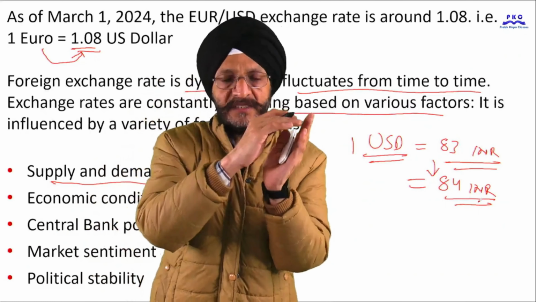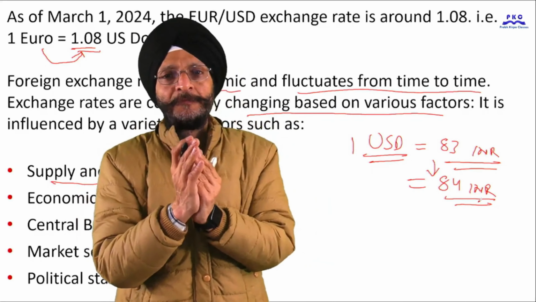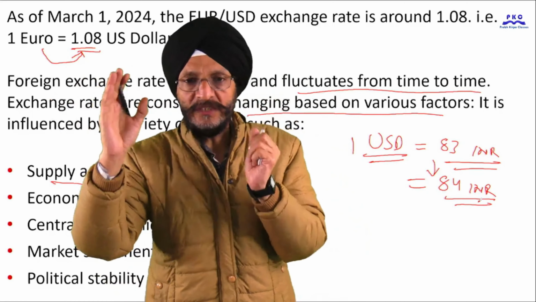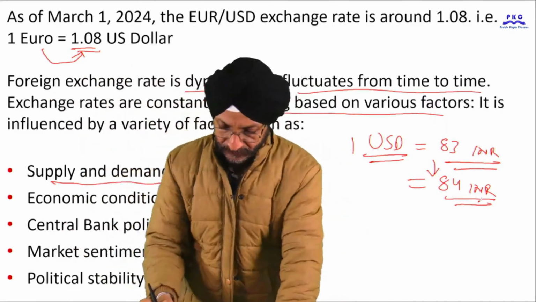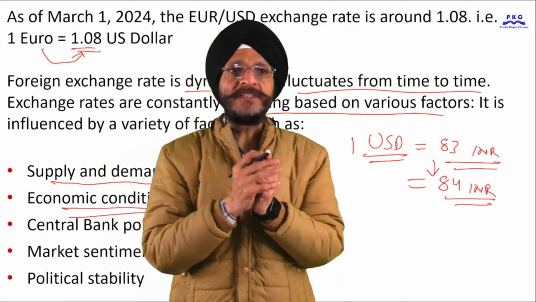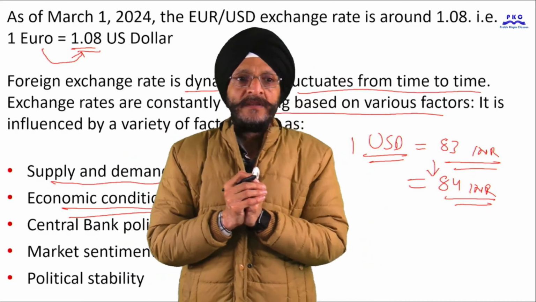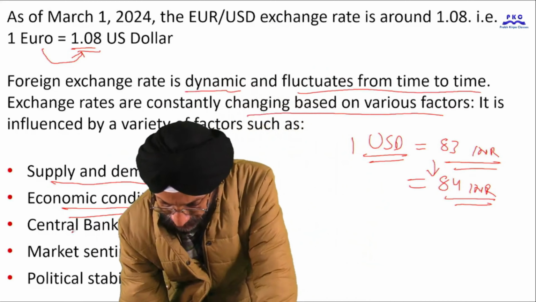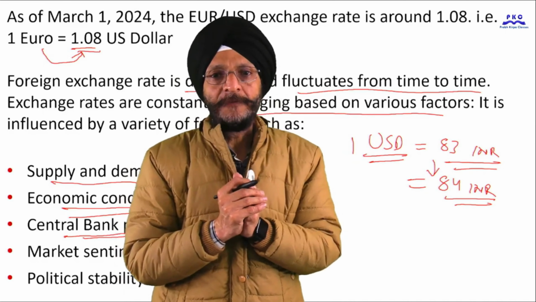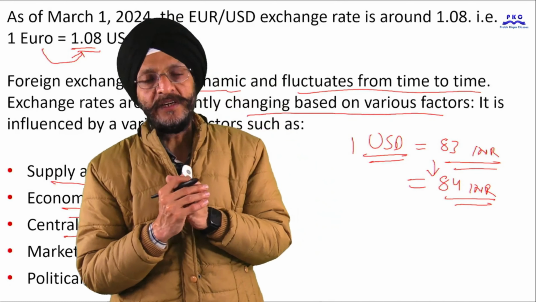In the same way, if the supply of one currency is more, then its exchange rate in comparison to other currency may fall. Next is economic conditions. Economic conditions also affect the exchange rate. Central bank policies: the value of the currency is also affected by the policies of the central bank.